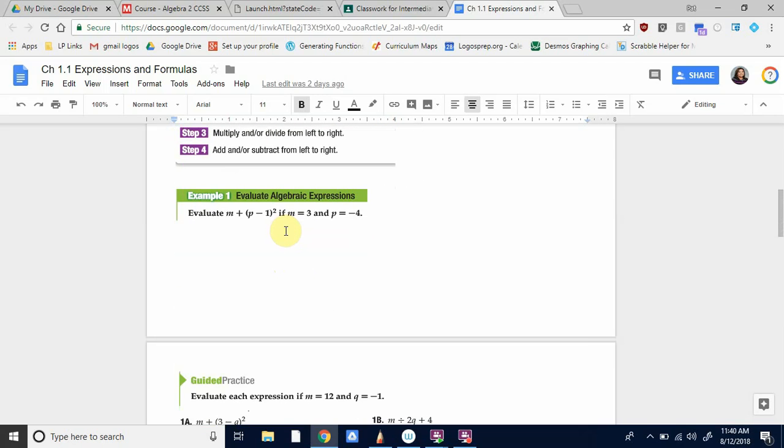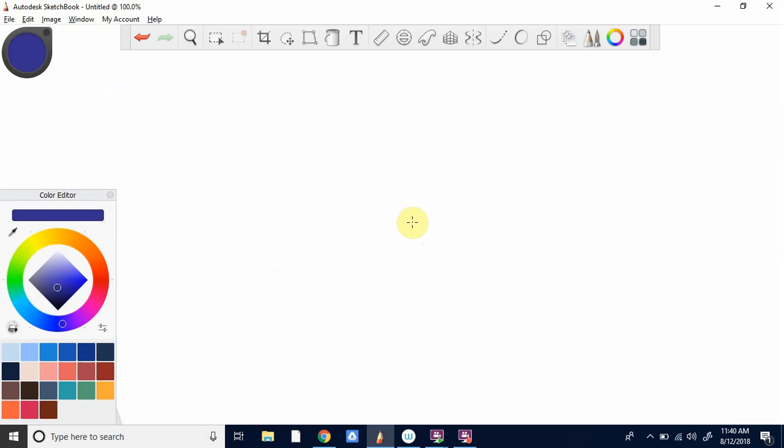So let's look at example 1. It says evaluate this algebraic expression if m equals 3 and p equals -4. It's always important to use parentheses as often as you can. So we're just going to insert m and p with these values and use order of operations.